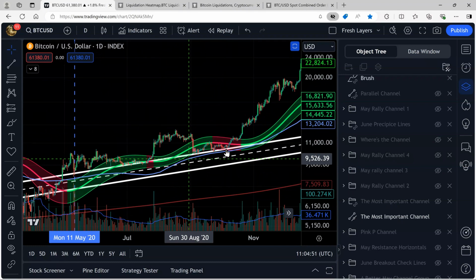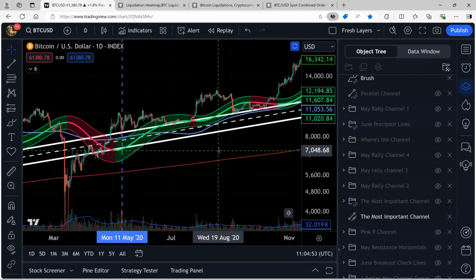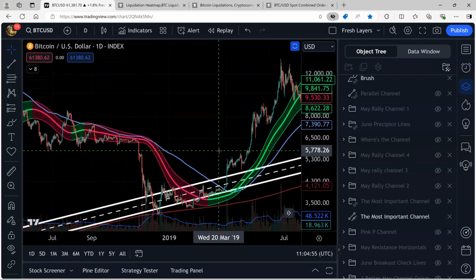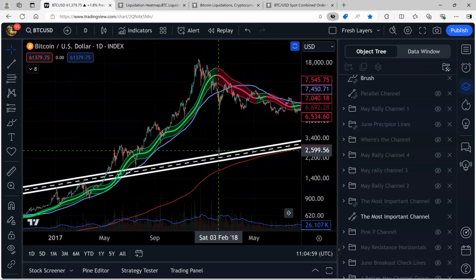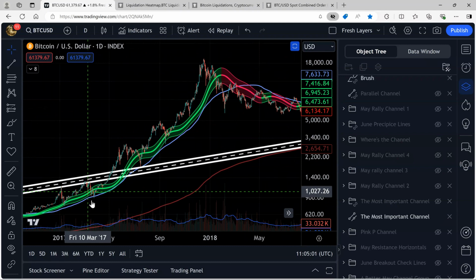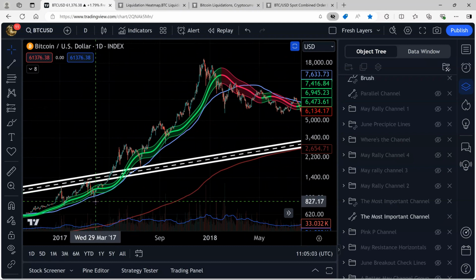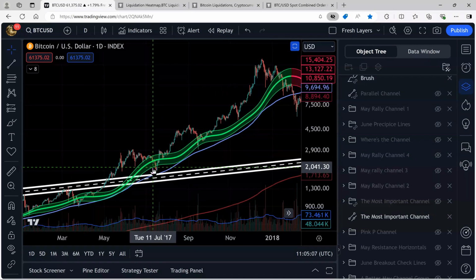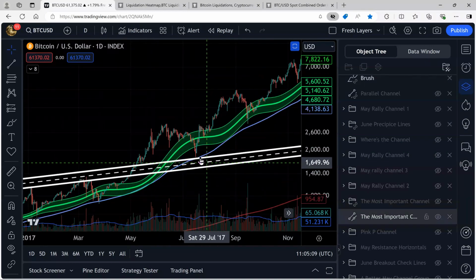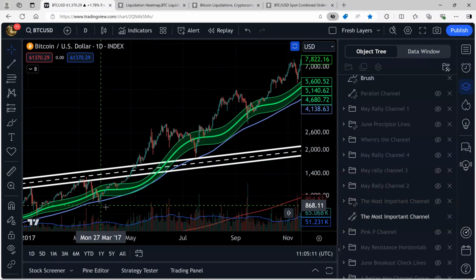Let's see, here we came right down to it. There was somewhere that we did dip through it a bit. Well, we did right here in the beginning, just a little bit there. Did we do it here? I don't think we really did.